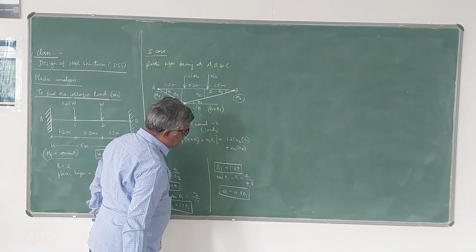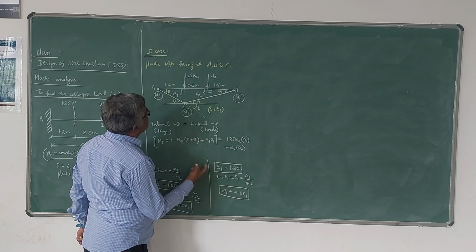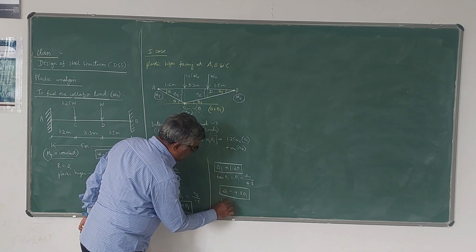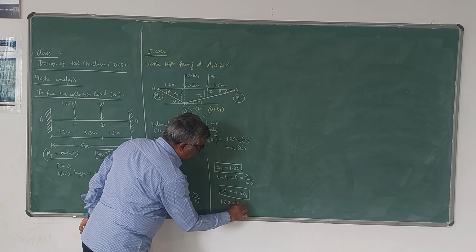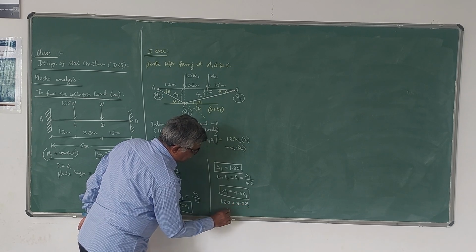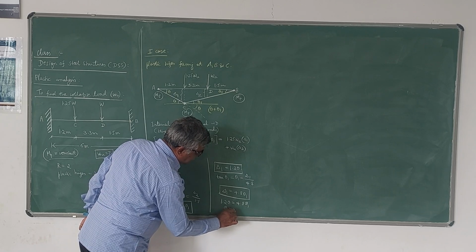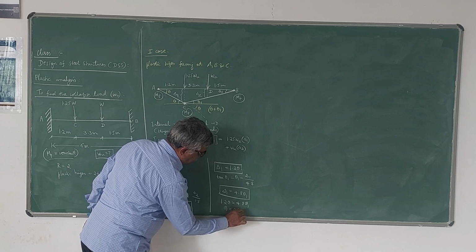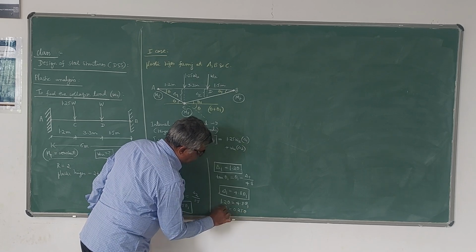So if you observe this, I can take this as 1.2 theta is equal to 4.8 theta 1. Or in other words, I can write theta 1 as 1.2 divided by 4.8, that is 0.25 times theta.